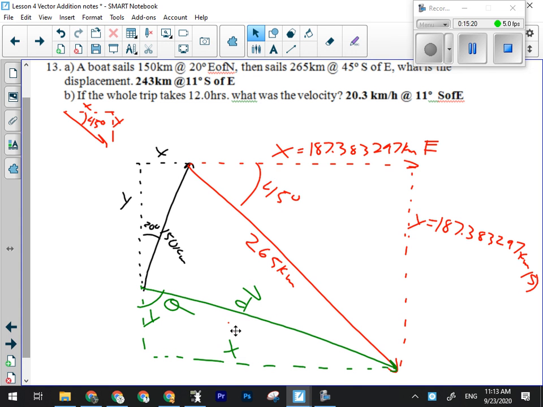All right, keep going on that one. Let's have a look at the rest of this one. We still have to find black y and black x from our first vector here so that we can find our overall resultant numbers. Black x is opposite the 20-degree angle, so that's going to be sine of 20 times the hypotenuse, which was 150.